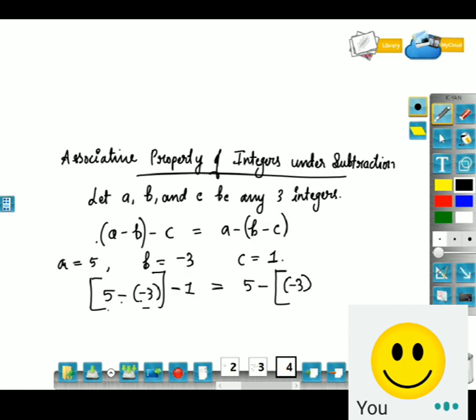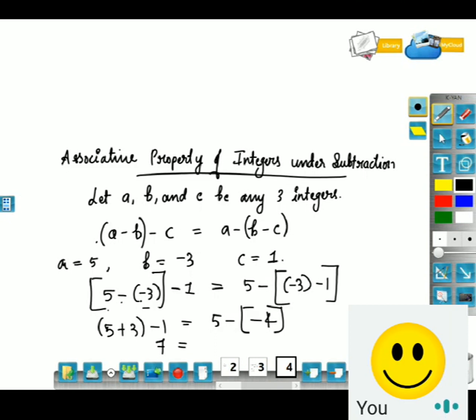So 5 minus of minus 3 will become plus 3, minus 1, which is 5 plus 3 you will get 8, 8 minus 1 you will get 7.